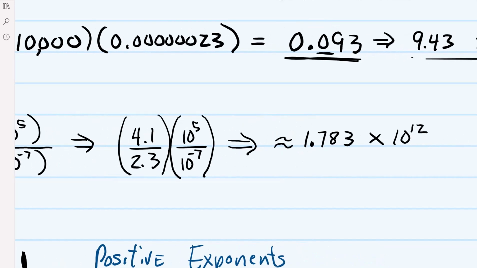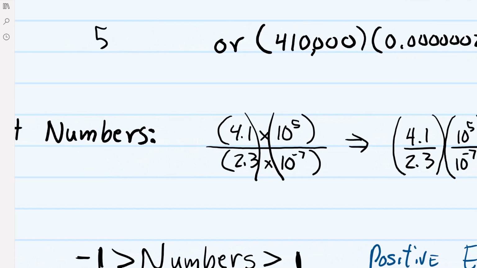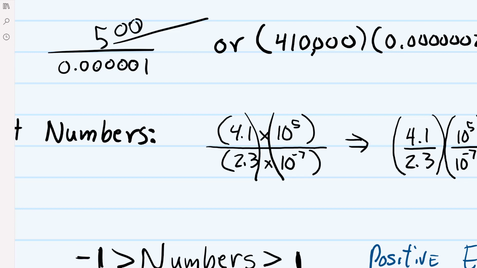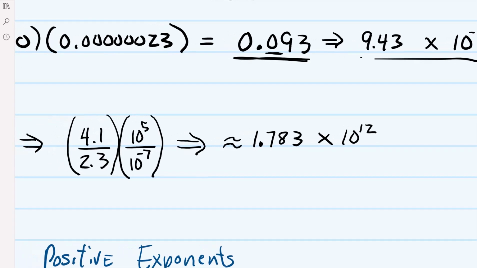Oh yeah, that's correct. When you divide powers, I thought, wait a second, that's going to be weird. Nope, that's correct, because if you take 5 and divide it by a very, very small number, that's going to be a huge number. So this should be correct, 10 to the 12th, because 5 minus negative 7 is 12.